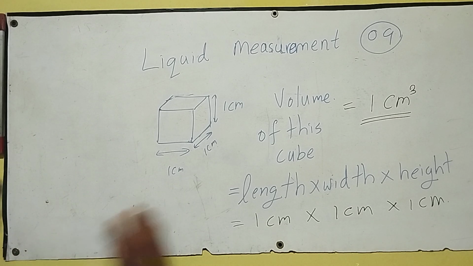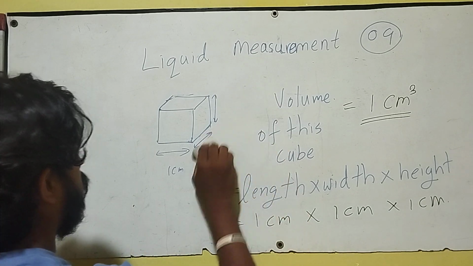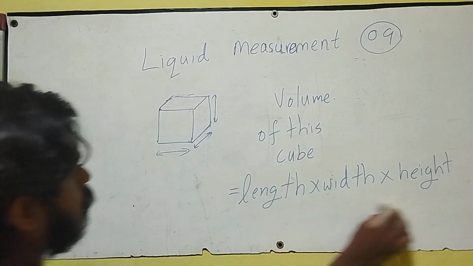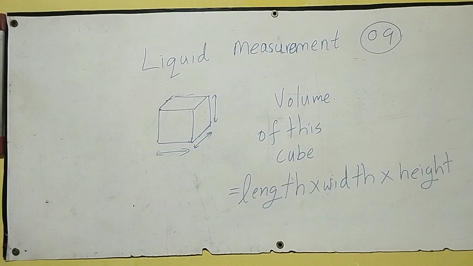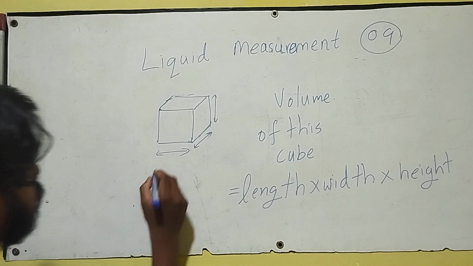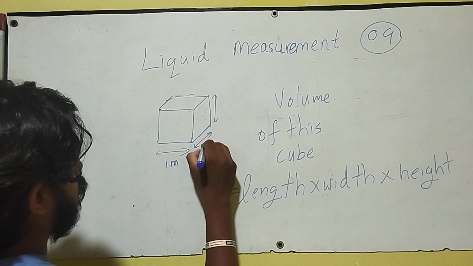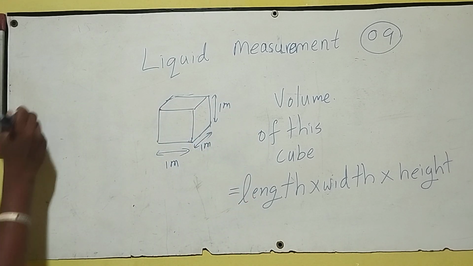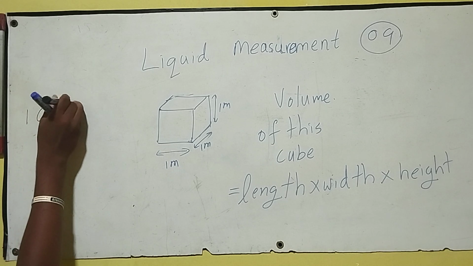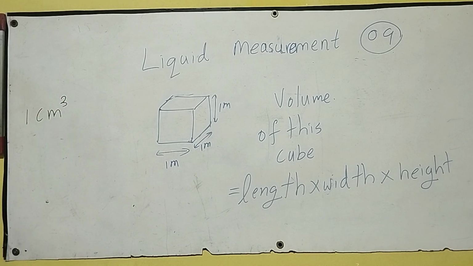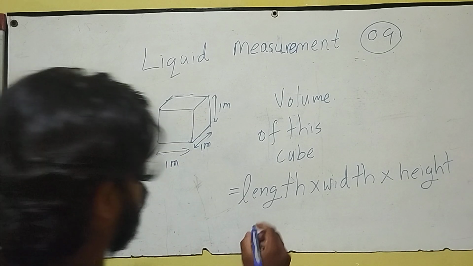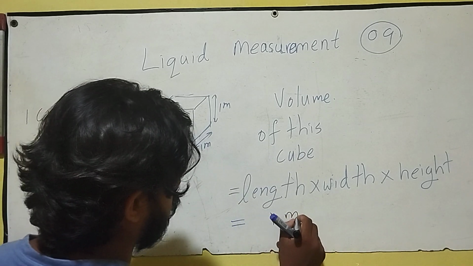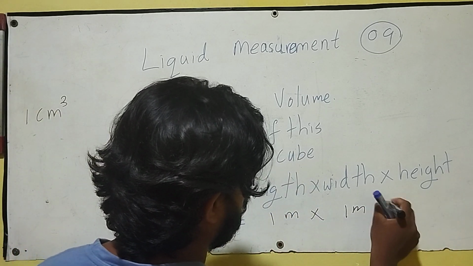Okay, next part. Let's think. Now we have a cube of 1 meter, 1 meter, 1 meter. Like before, I did 1 meter multiplied by 1 meter multiplied by 1 meter.